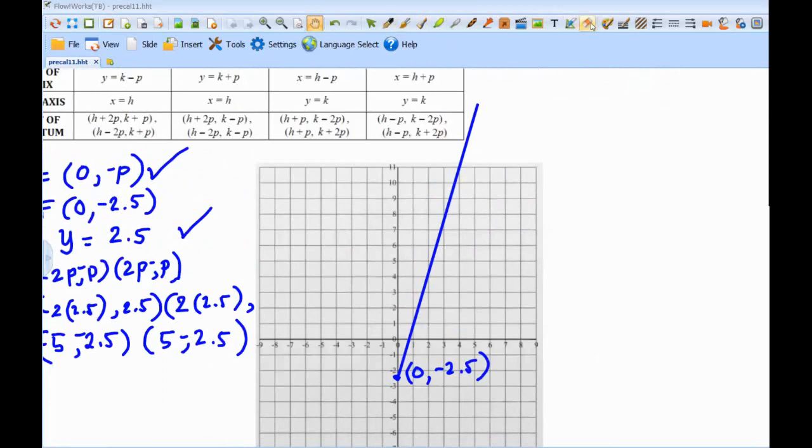So what happened to this? So the value of this is negative 5, negative 2.5, and 5 and negative 2.5. And this is our vertex. So the parabola opens downwards.